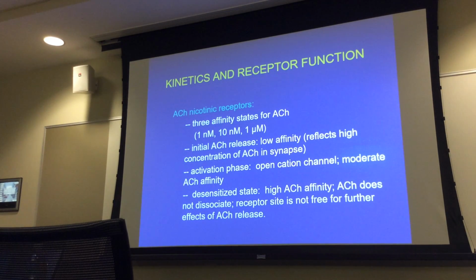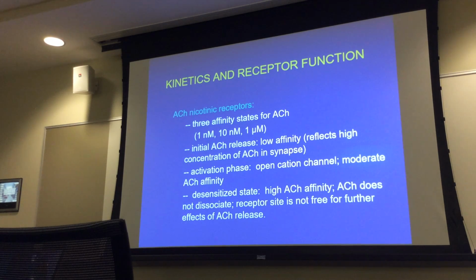The reason is that this receptor is designed to act quickly, to have a very rapid termination of the acetylcholine effects so that the next round of stimulation can occur. Now, next week we're going to talk about G-protein coupled receptors, which work in a completely different way, and in fact almost virtually opposite from this.